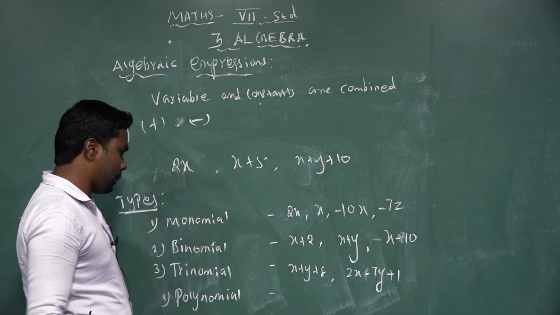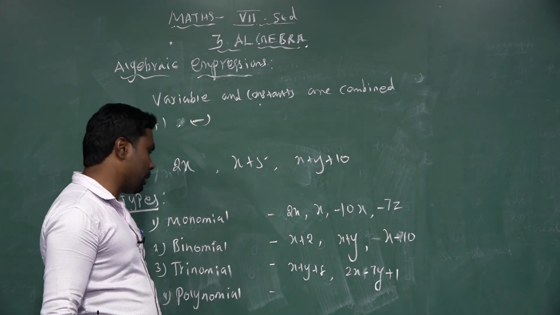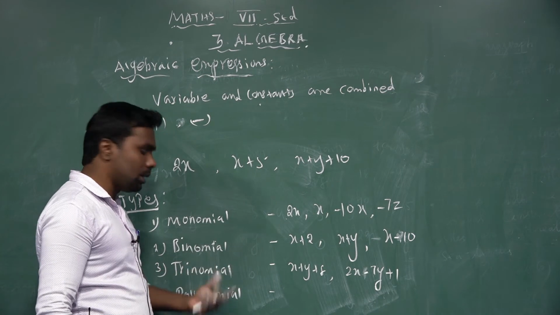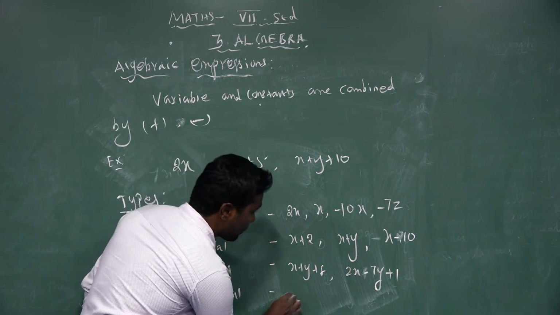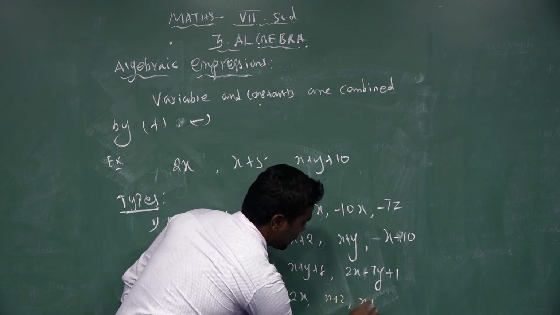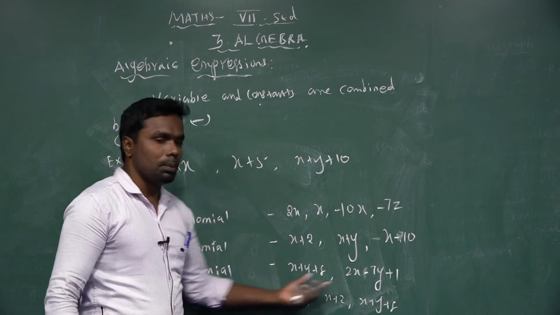Polynomial is nothing but one or more terms. That means all the monomials, binomials and trinomials are called polynomials. For example, 2x, x plus 2, x plus y plus 8.